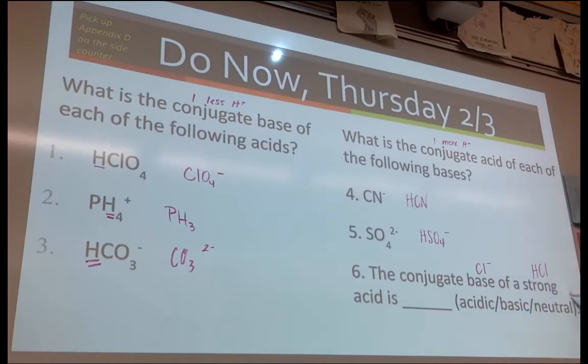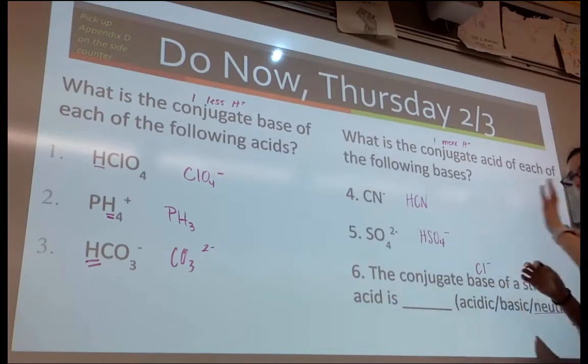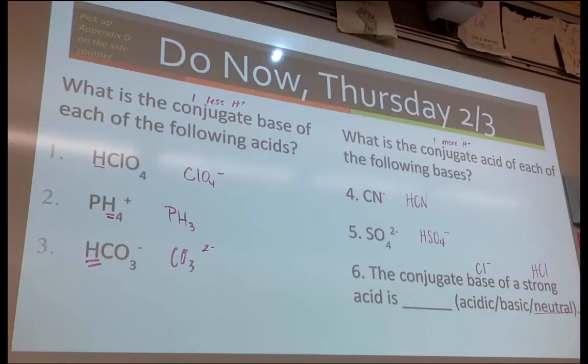So if this is a strong acid, its conjugate base is neutral. So when you have a strong acid, its conjugate base is neutral. Same would go if it's a strong base. Its conjugate acid would be neutral. Okay, so that's it for the do now, just reviewing the conjugate acid-base pairs. We'll look at this a little bit more as we go through some examples for today.